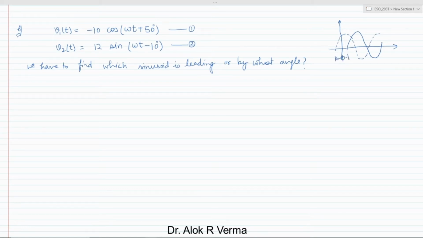We have to understand for the phase phi what is happening to the signals with respect to each other, if one is leading or one is lagging. So first we have to convert into standard form where this negative term is not there, so that we can write it in this form.